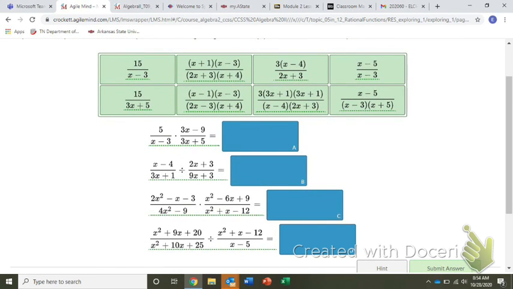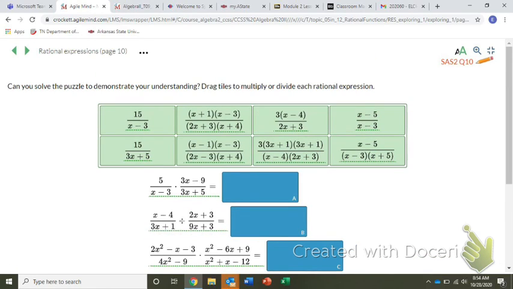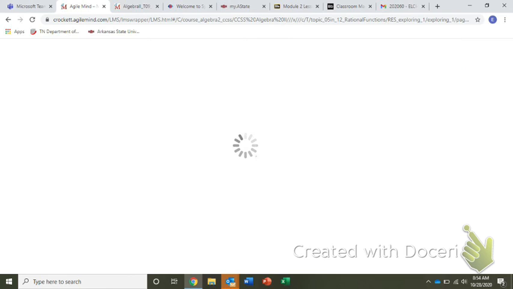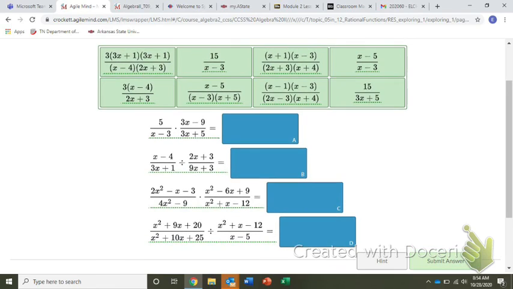So, I actually want you to do, let's see, number 10. You have a word bank. All right, I do want you to try number 10 on your own.